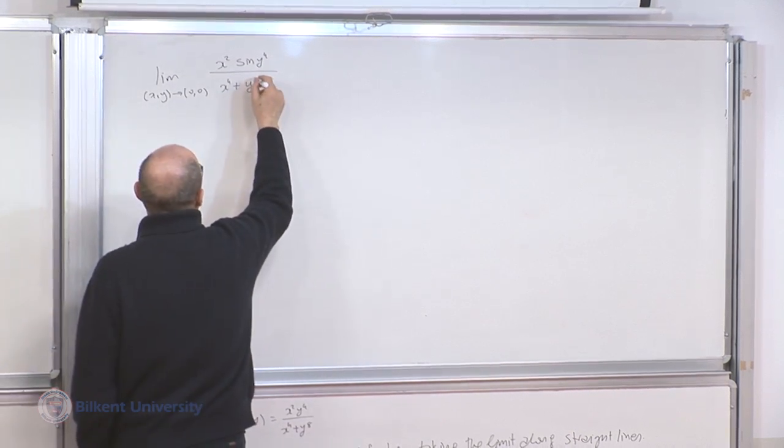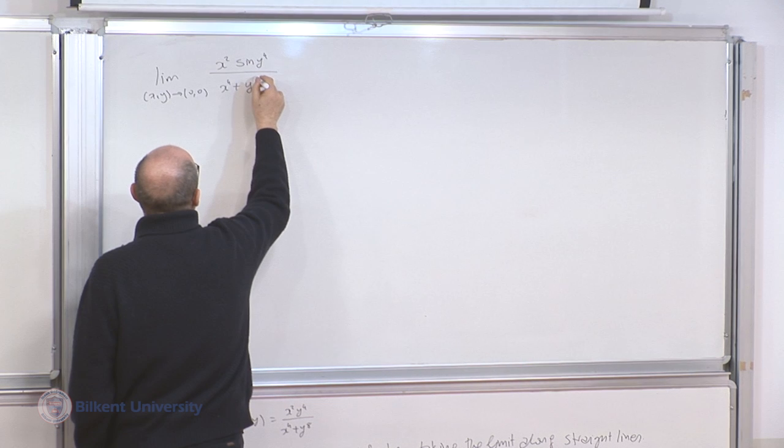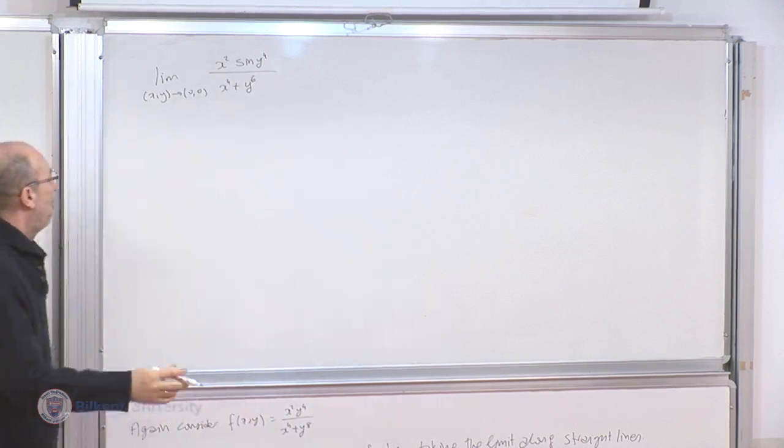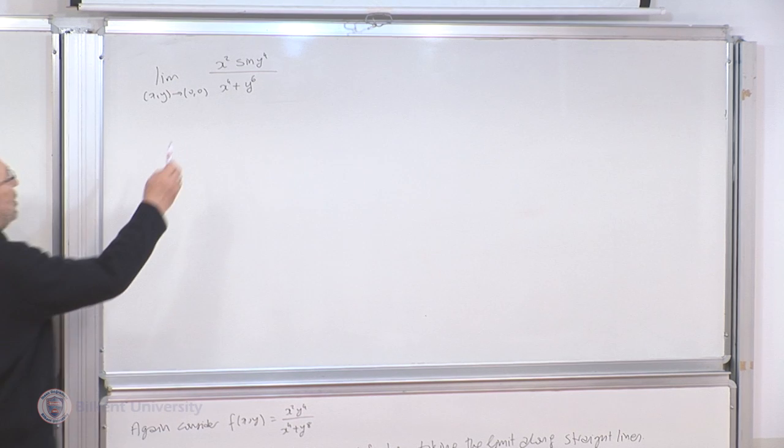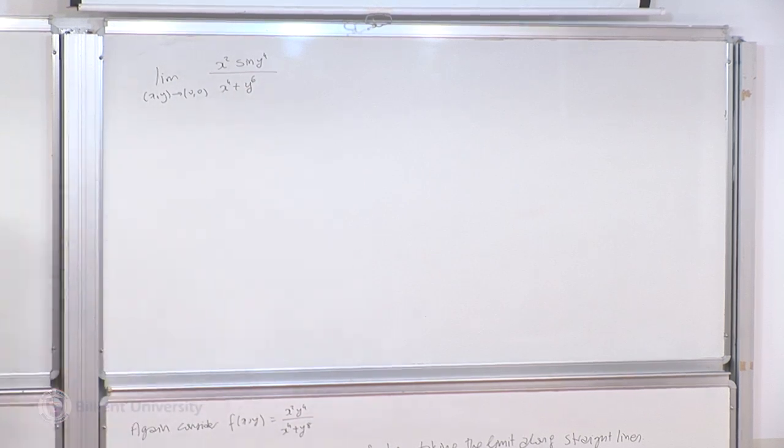Let's say y to the 6. So you see now you cannot directly apply this theorem. Maybe you can find a squeeze, but the squeeze theorem is not easy either, because I deliberately chose these numbers small so that a squeeze theorem is not obvious.